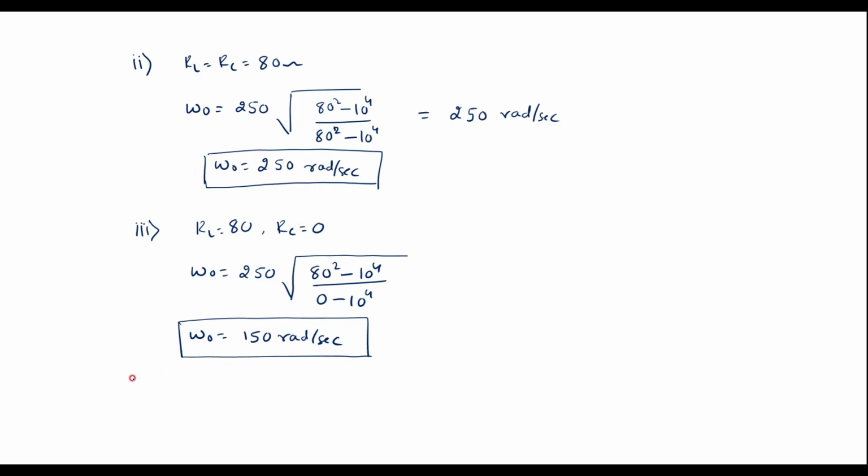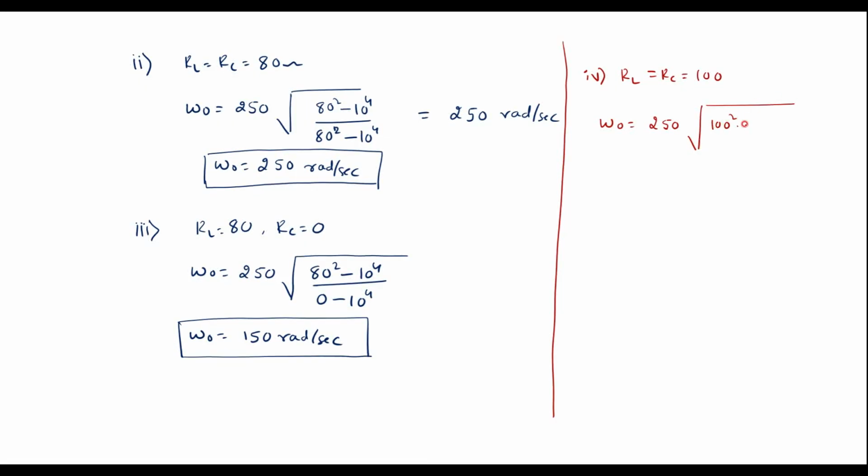Now let me consider the fourth case, where RL is equal to RC is equal to 100. Therefore omega naught is equal to 250 under root, 100 square minus 10 power 4 divided by 100 square minus 10 power 4. Here 100 square minus 10 power 4 is 0, divided by 0.